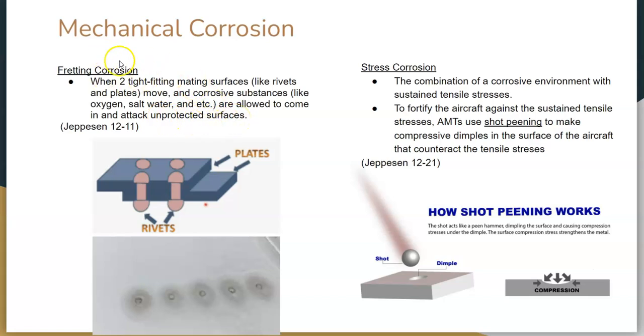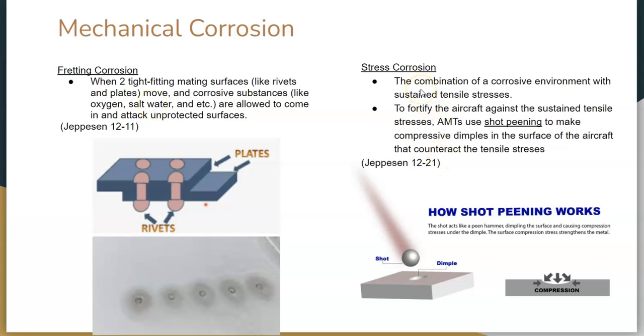So one other name that they often have for fretting corrosion is called smoking rivets. You can see right here that you have the mating surface of rivets and sheet metal, but because of fretting corrosion, you can see corrosion around each of the rivet holes. Again, that's a classic example. When you have your two tight-fitting mating surfaces, that's fretting corrosion.